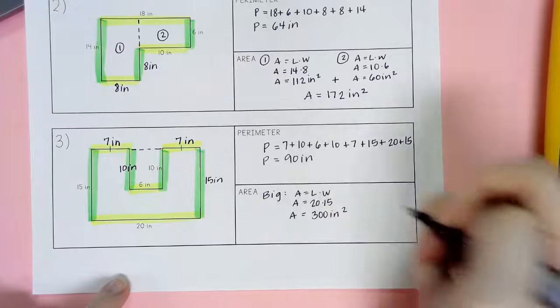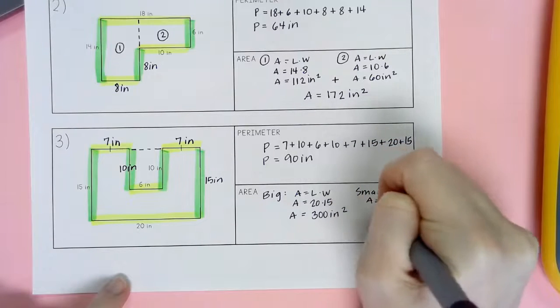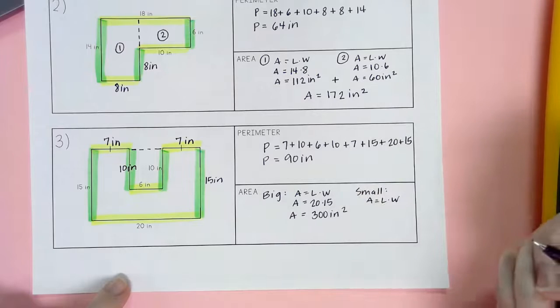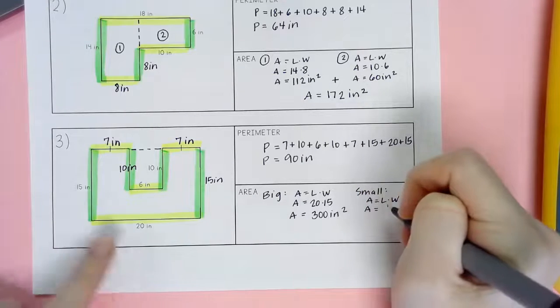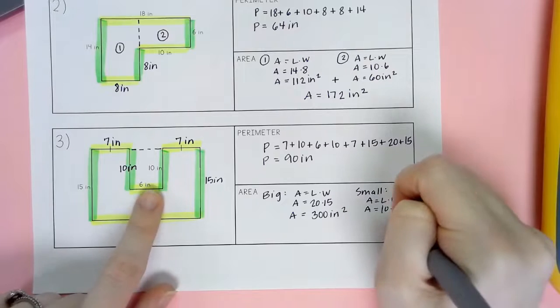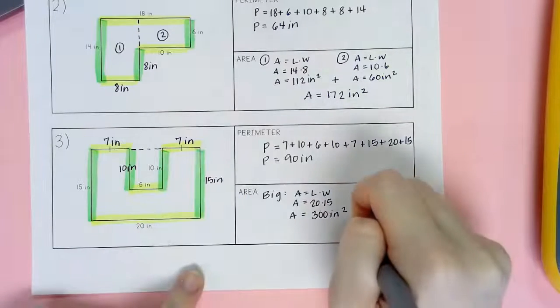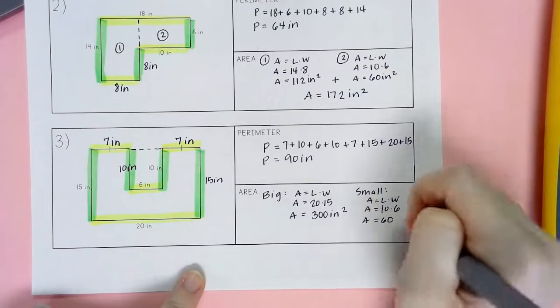Now I'm going to do my small. A equals length times width. A equals, my length is 10, my width is 6. Remember, it's of the small piece of cake we're cutting out. A equals 60 inches squared.